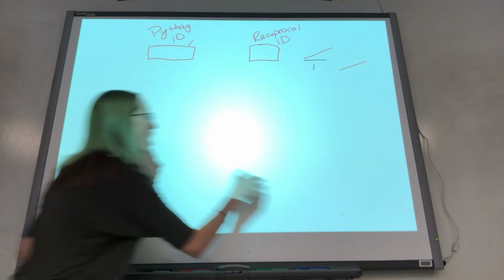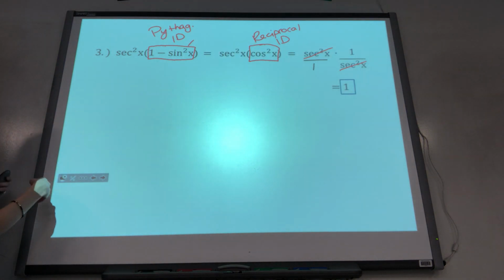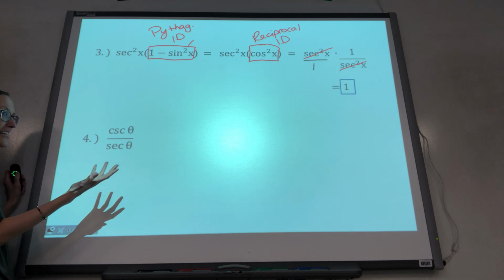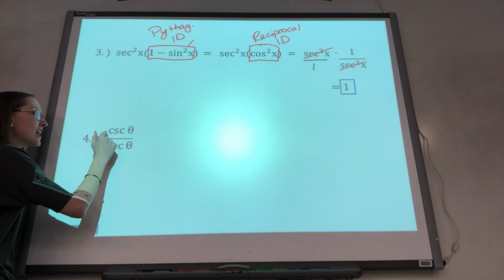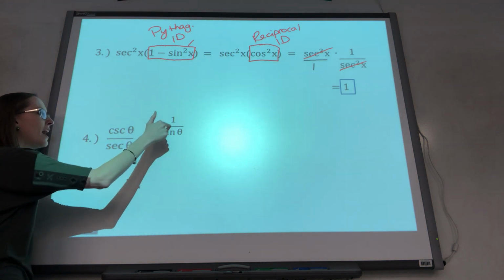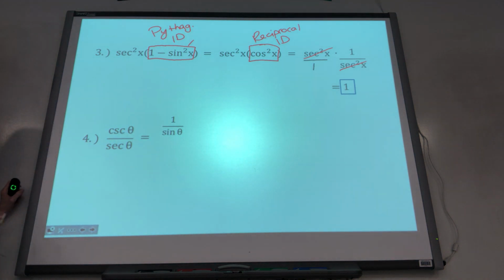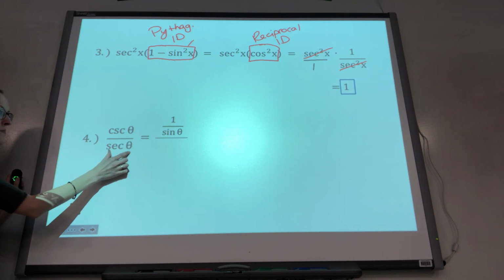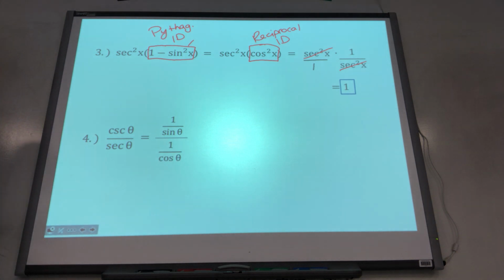I don't really know where this is going to take me, but I do know that that's really the only thing I could do. Cosecant of theta is 1 over sine of theta. This is reciprocal identities. And then secant of theta is the same as 1 over cosine of theta.